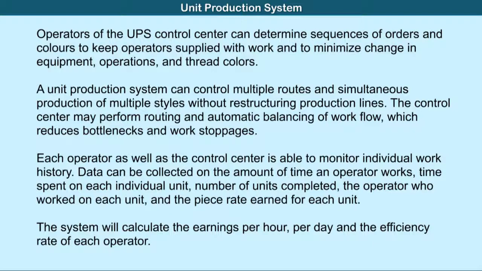A unit production system can control multiple routes and simultaneously produce a variety of styles without restructuring production lines. The control center may perform routing and automatic balancing of workforce, which removes bottlenecks and work stoppages.